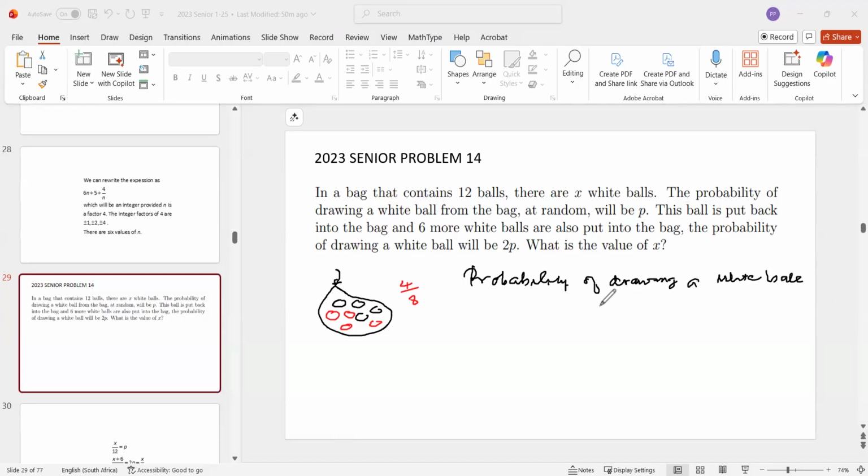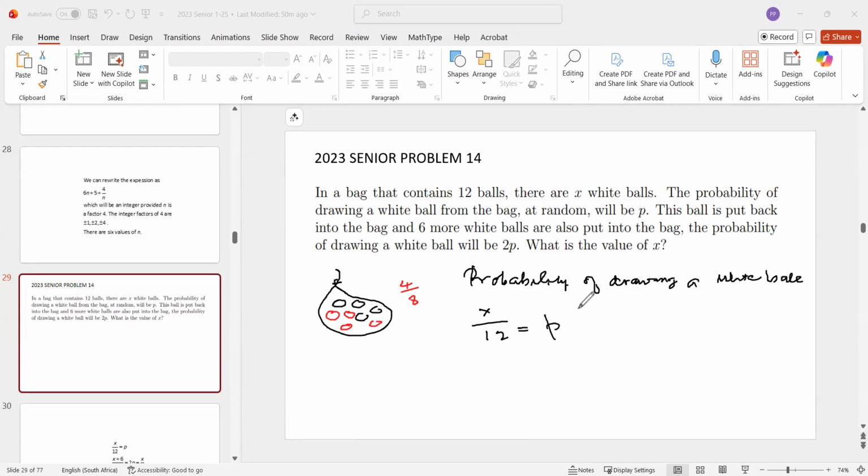Sorry for the bad writing, I'm not very good with this pen. You have X white balls inside the bag, and there are 12 balls altogether. So therefore the probability, as we saw here, is X/12. And it's given that this probability is P.